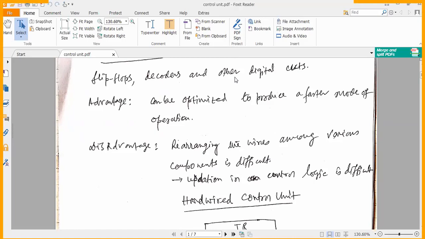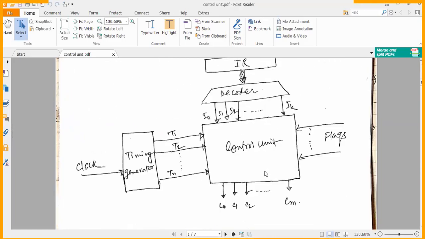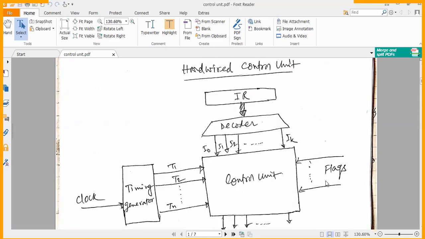Okay. So let us move to the pictorial view of the hardware control unit. This is your hardware control unit. See, this is your instruction register. The instruction register has some bits, and by those bits you are sending an instruction.